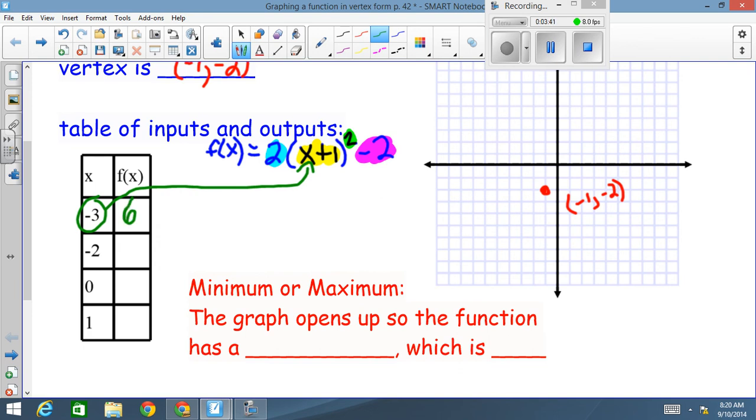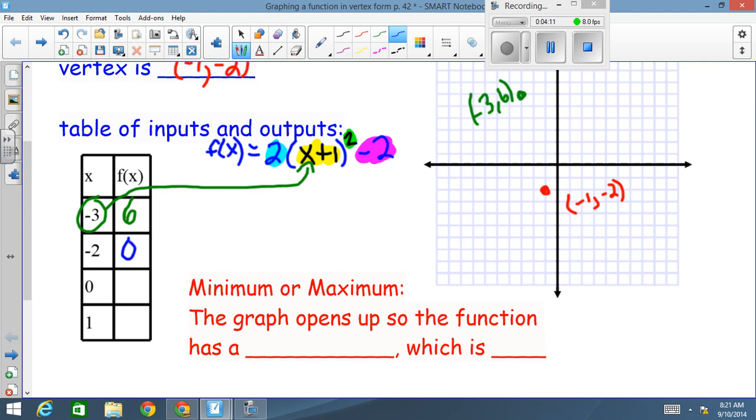So I can plot the point -3, up 6. 1, 2, 3, 4, 5, 6. Right there. How about -2? If I take -2 and plug it into my function, -2 plus 1 is -1. -1 squared is 1. 2 times 1 is 2. 2 minus 2 is 0.